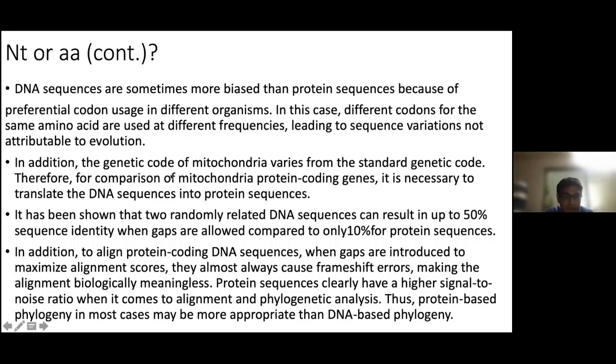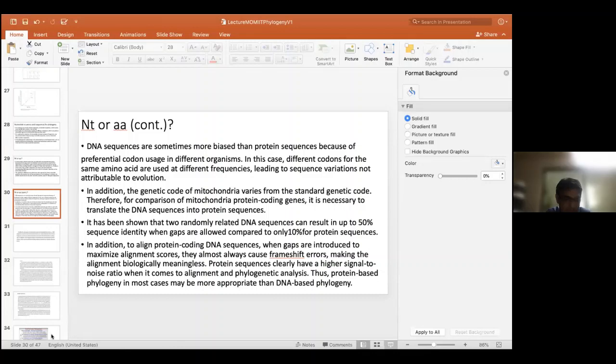In addition, the genetic code of mitochondria varies from the standard genetic code. So let me show you something. The genetic code table.